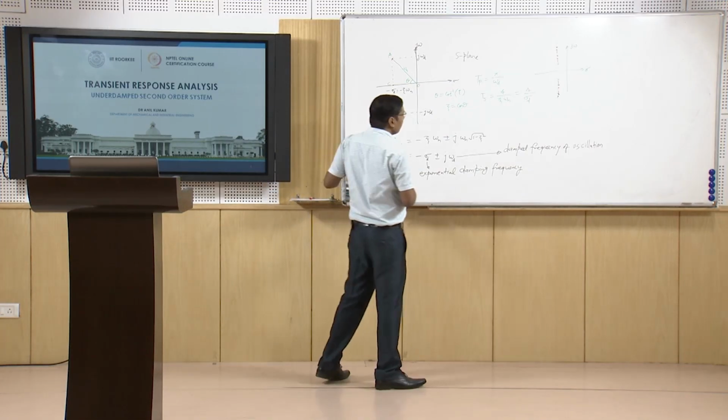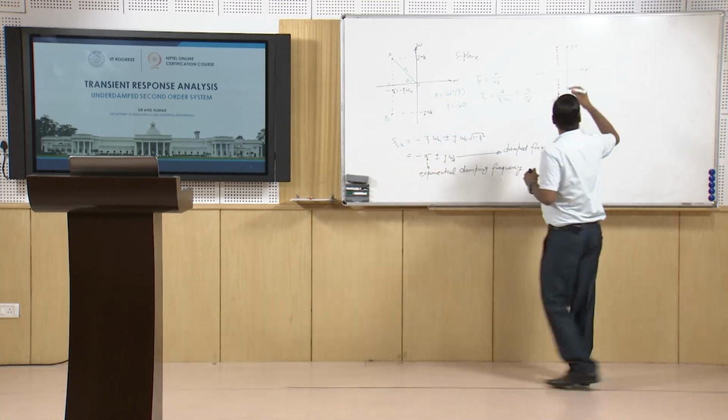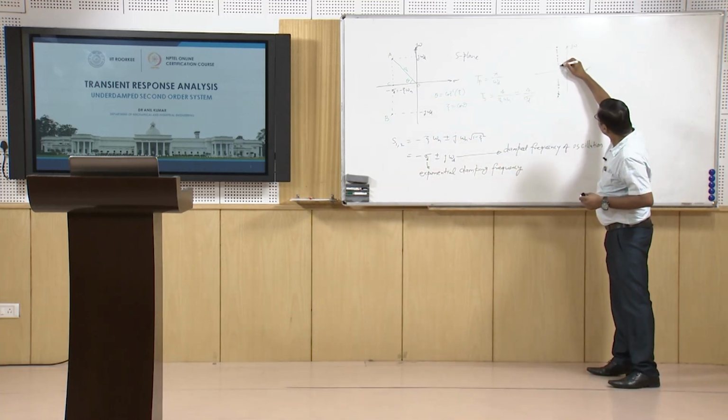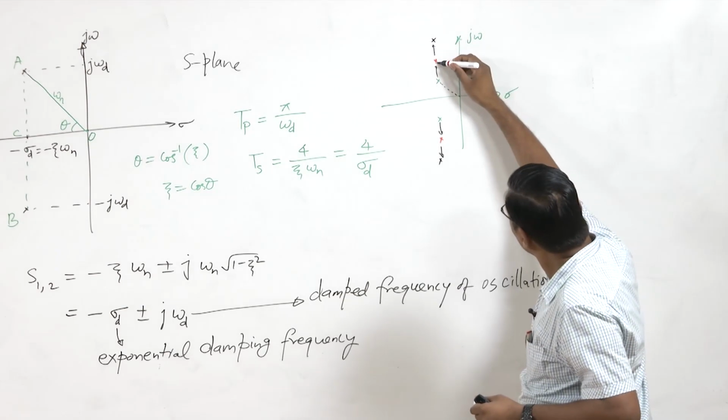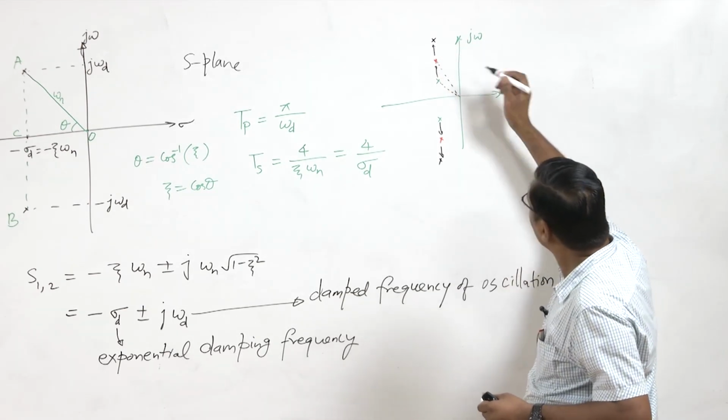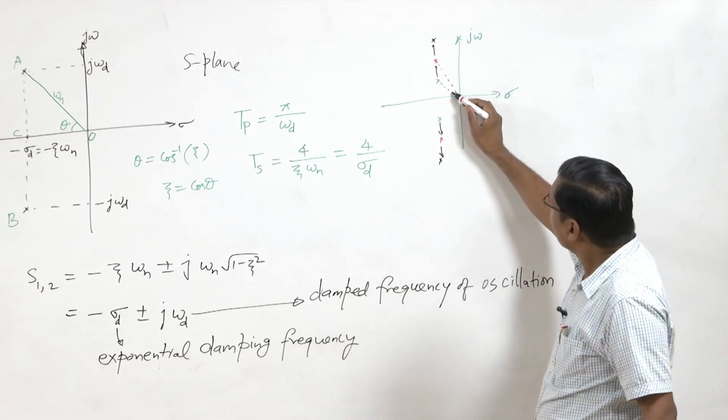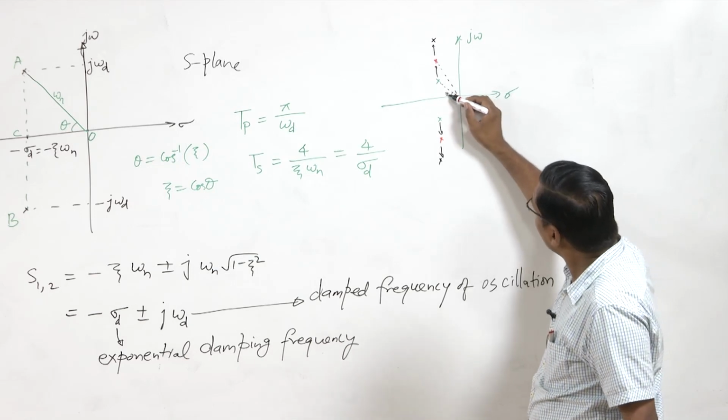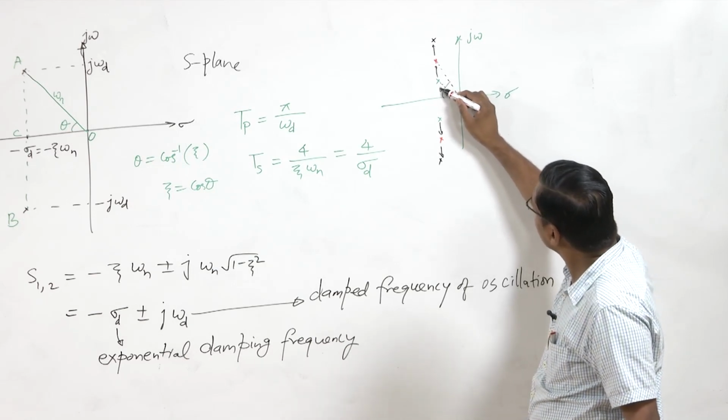So when these poles are moving, we can see that this is theta 1, this is theta 2.